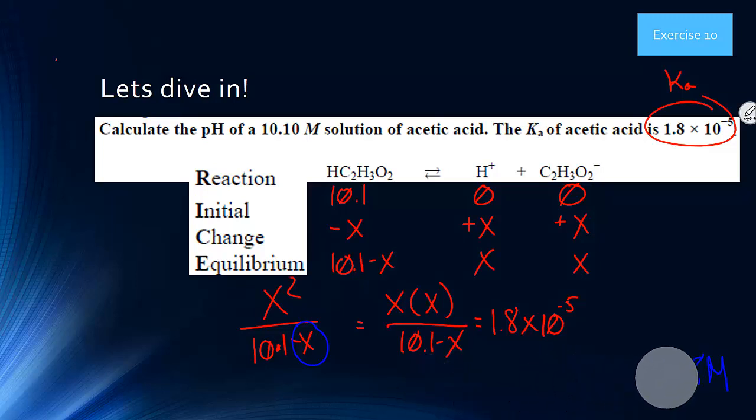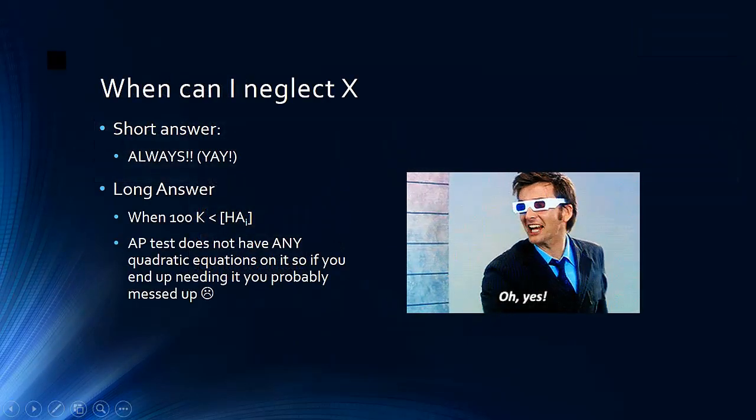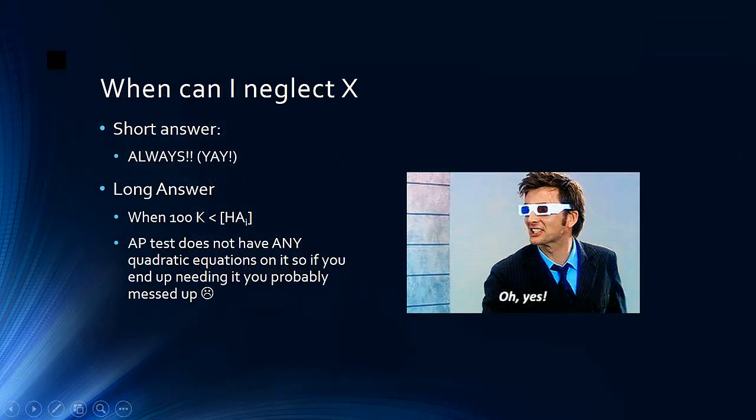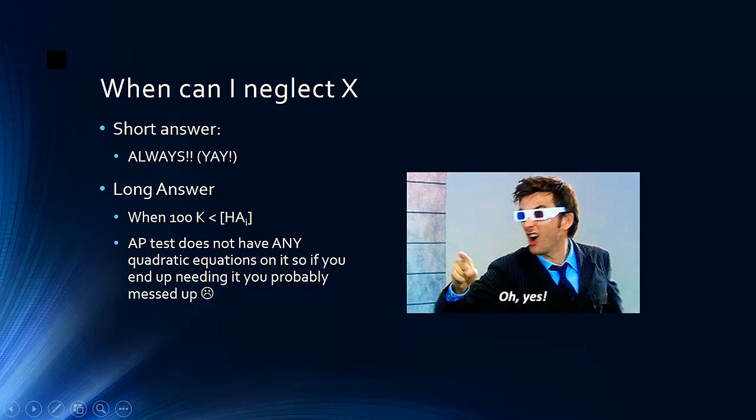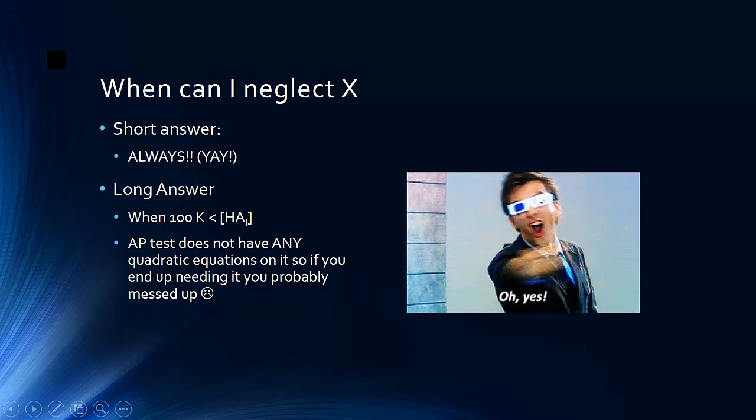So once again, when we land with quadratic equations in our equilibrium expression, you can neglect the x of the original concentration as long as 100 times your equilibrium position is less than the initial concentration.